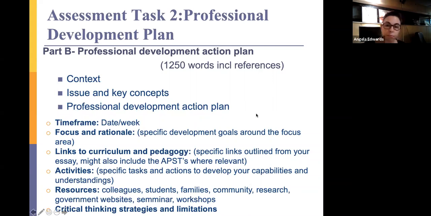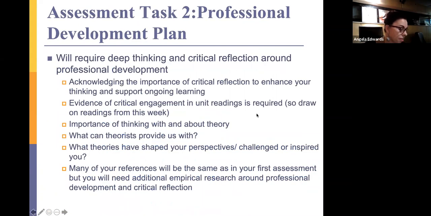So this particular task, it will require very deep and critical thinking around professional development. As it says on the slide, acknowledging the importance of critical reflection to enhance your thinking and support ongoing learning. We talked about this evening.